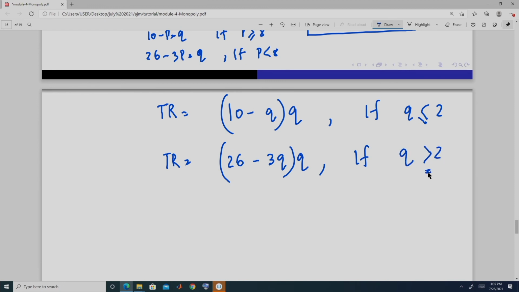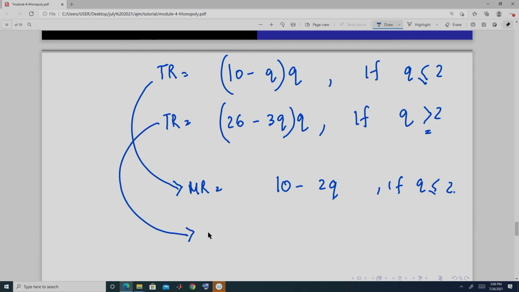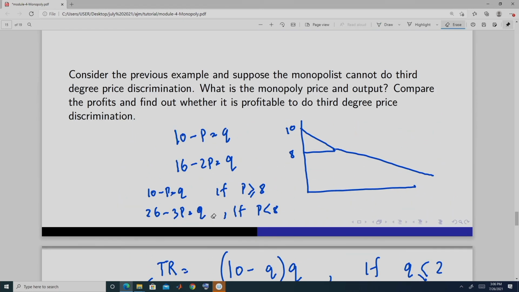this. Now, let us look at this marginal revenue curve. This marginal revenue curve is this, if q is this. The marginal revenue curve is this, right.